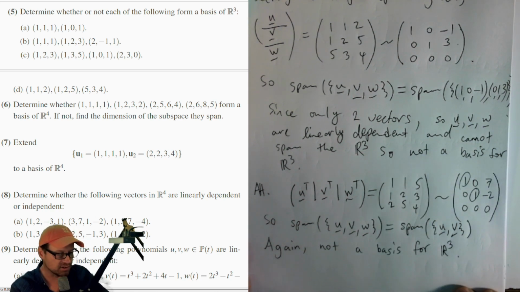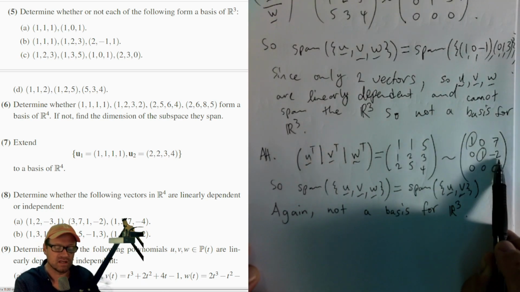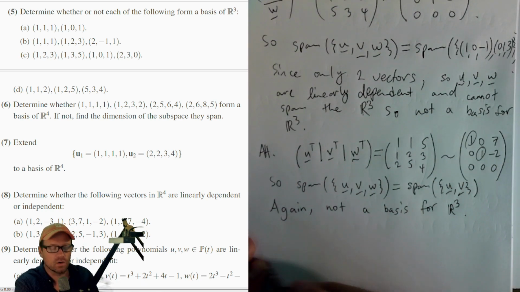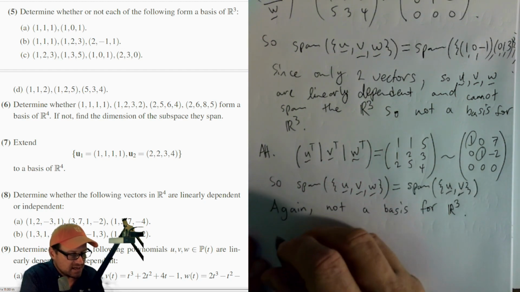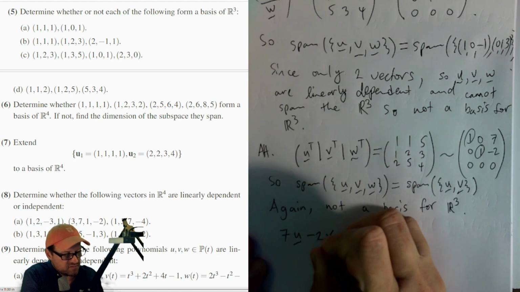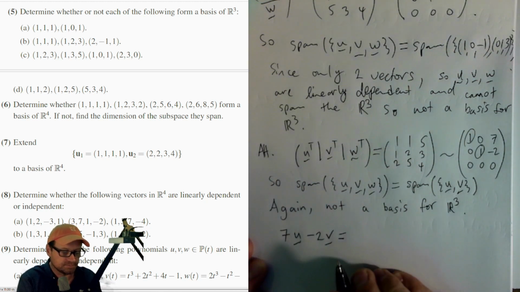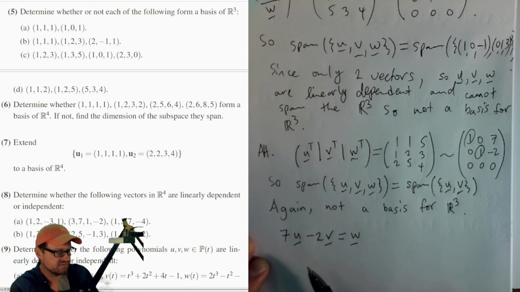But what that would tell you is that the coefficients A is 7, B is minus 2, and C is 0. Or that just says 0 equals 0. Okay, so then what we see is that 7 times U minus 2 times V is equal to W. And so you can check that as well. 7 minus 2 is 5, 7 minus 4 is 3, and 14 minus 10 is 4.